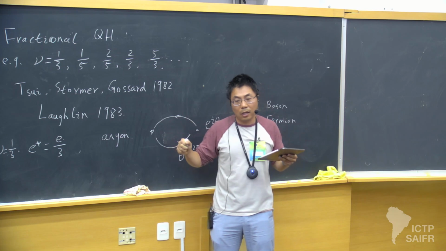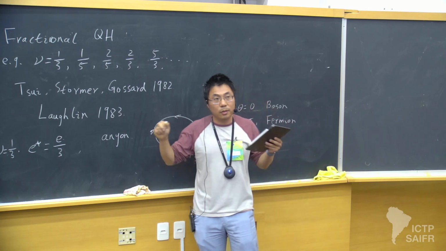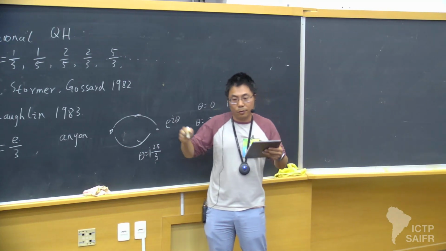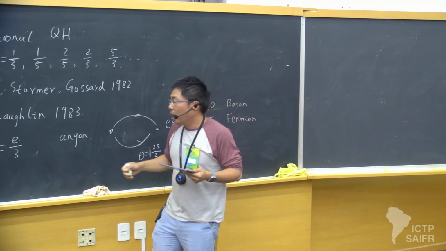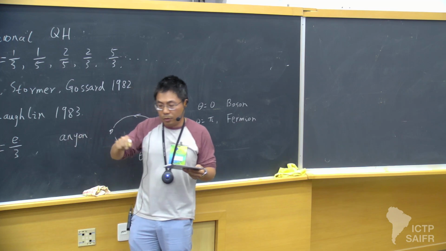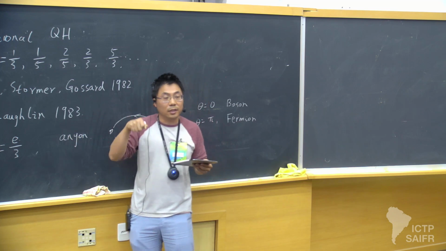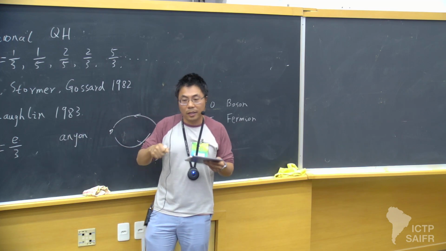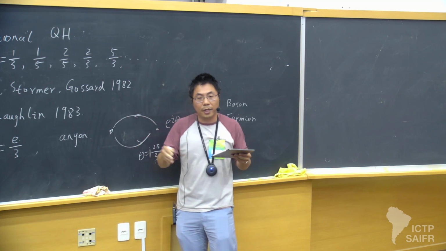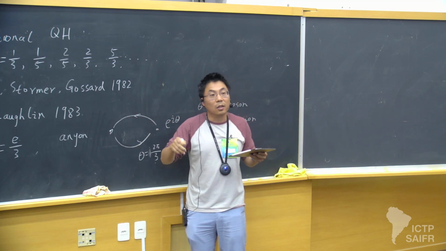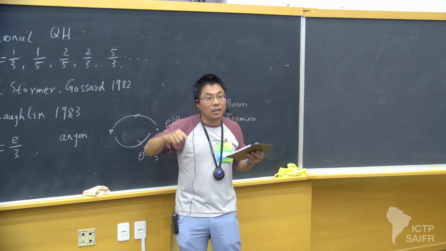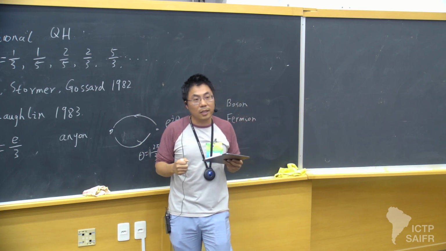Of course, the system is always built using electrons. So if you inject one electron in the system, this one electron effectively gets split into three independent excitations, each carrying 1/3 charge. They can move independently. That is what we call excitation.